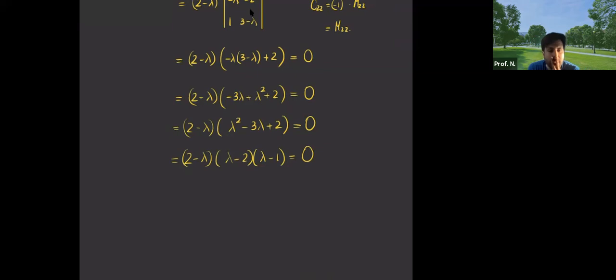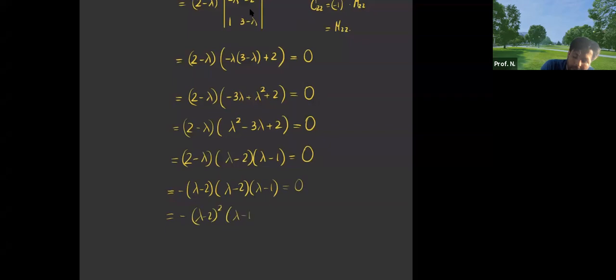So then what? If you really want to, you can take out the negative here and you get lambda minus 2, lambda minus 2, lambda minus 1. So you get (lambda minus 2) squared times (lambda minus 1) equals 0.